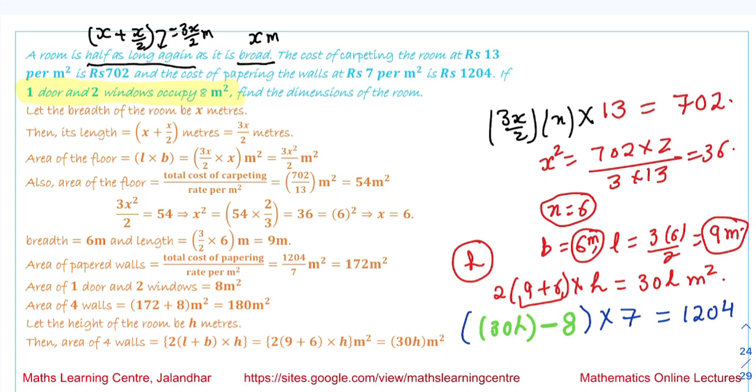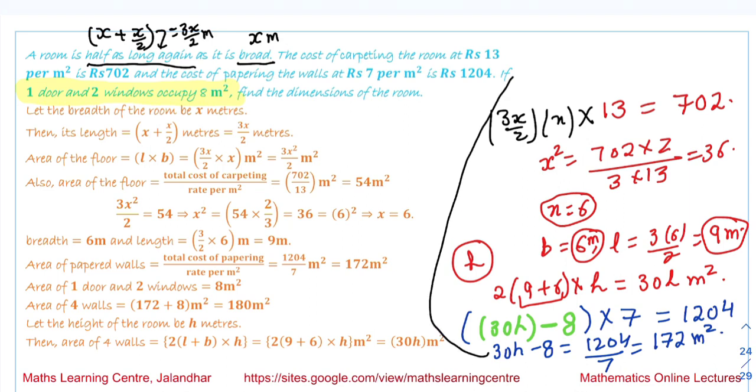So when we solve this, we get 30H minus 8 is equal to 1204 by 7, that is equal to 172 meter square. So 30H is equal to 172 plus 8, that is equal to 180.